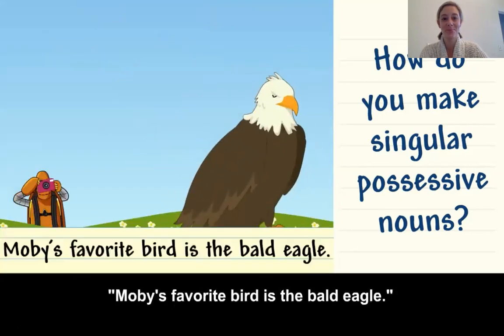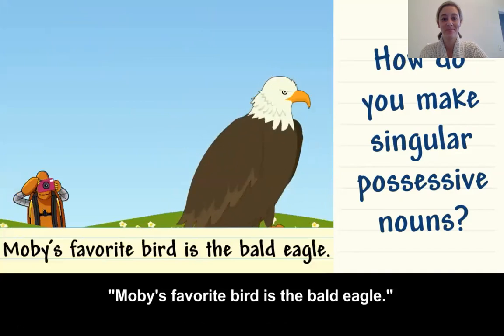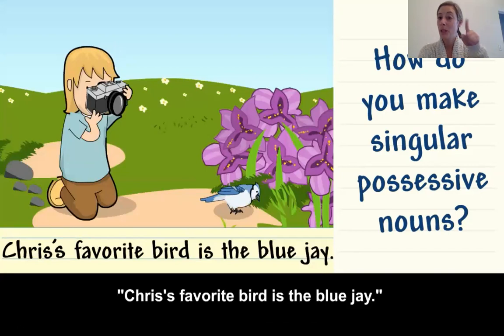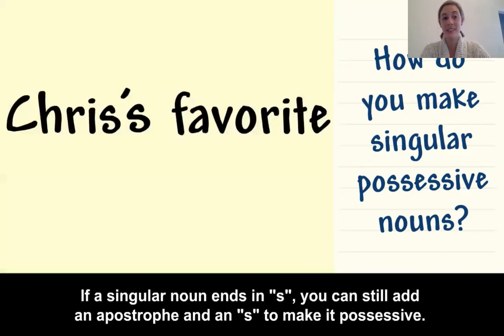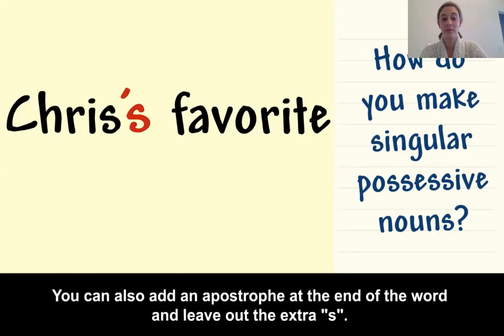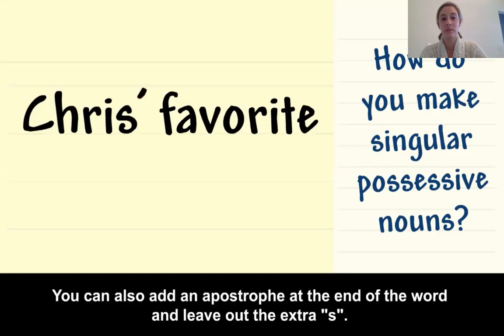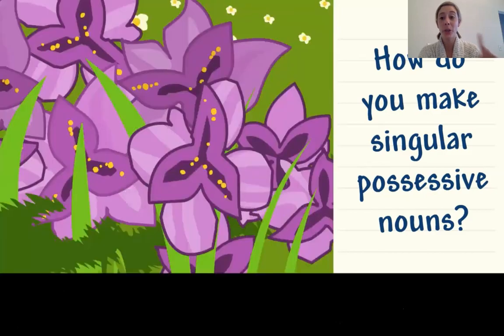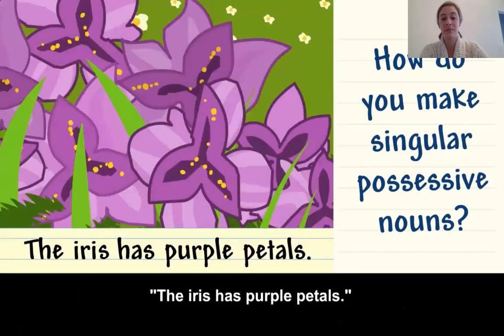Moby's favorite bird is the bald eagle. Chris's favorite bird is the blue jay. Be looking for those apostrophe S's. If a singular noun ends in S, you can still add an apostrophe and an S to make it possessive. You can also add an apostrophe at the end of the word and leave out the extra S. That's only if it ends in an S. The iris has purple petals.